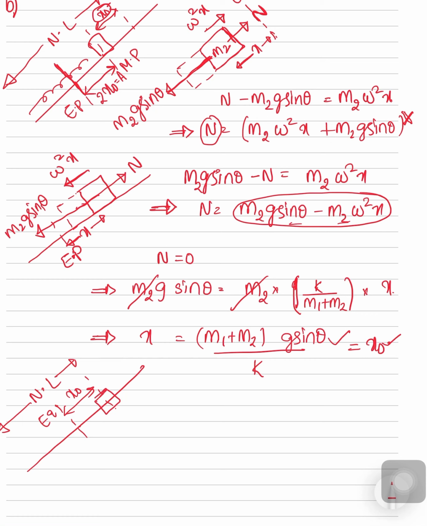Now blocks are also going to separate at a distance x0 from the equilibrium position, which implies blocks will separate when the spring is coming to its natural length. I will just write it down here: blocks will separate when the spring comes back to its natural length.